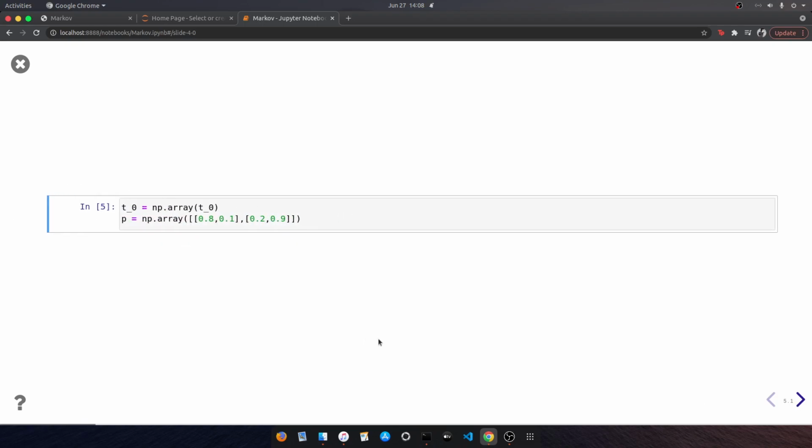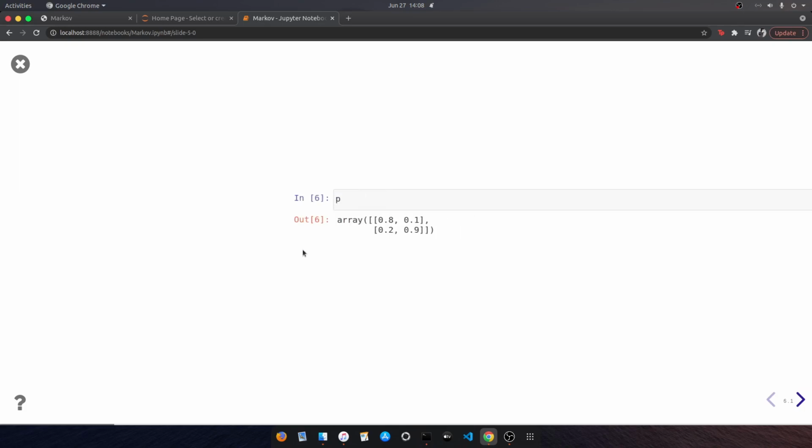All right. So, here I just converted the Python list into a NumPy array. NumPy is a library in Python that handles some linear algebra computations for us. This is the value at time point zero where both channels have 50% of the market share, and this is the transition matrix that we've seen before.